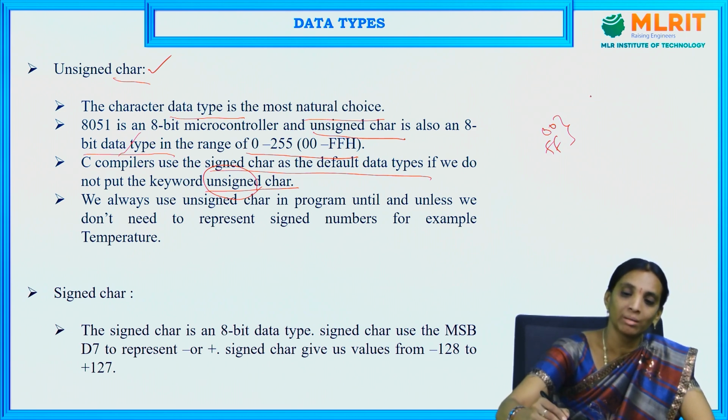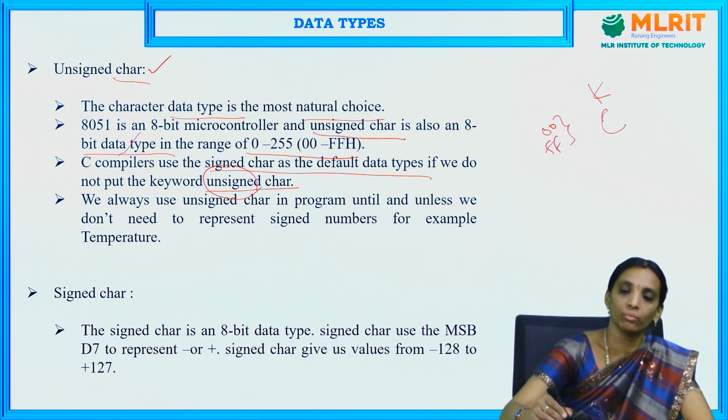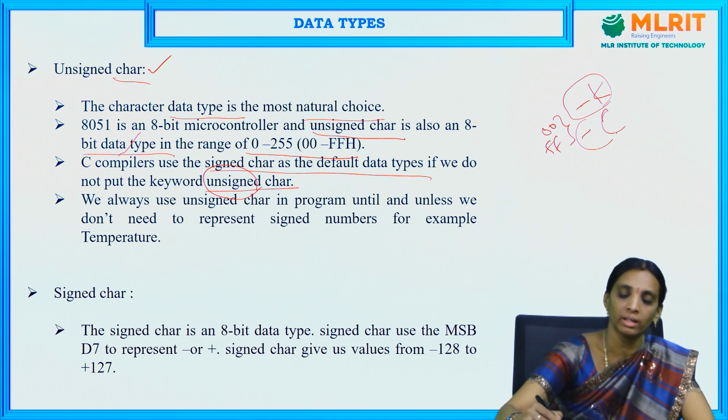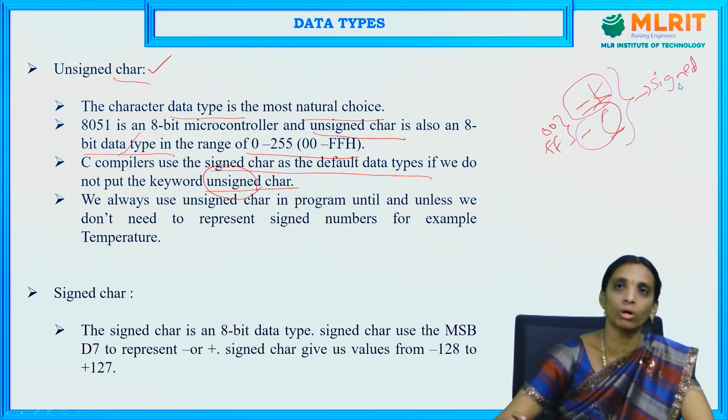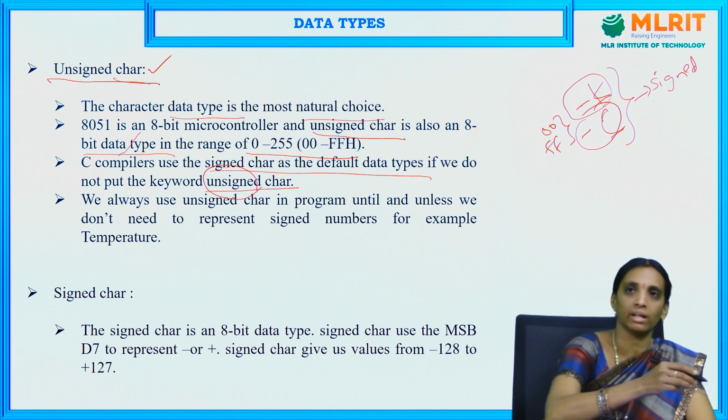We know there are negative temperatures in Kelvin and Celsius, and to represent those negative values we need to mention signed. Otherwise, for any character used as a data type for text, strings or characters, we need to write unsigned char.